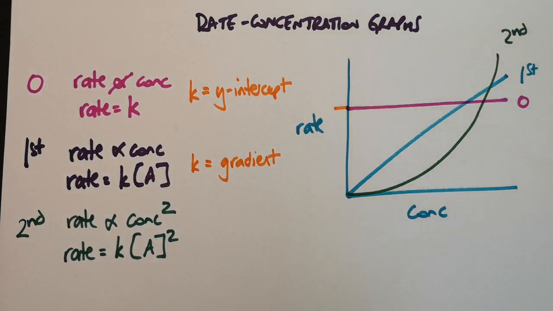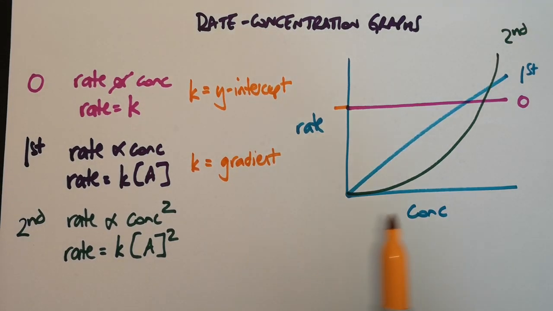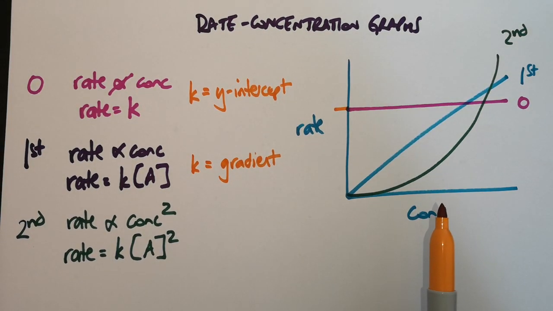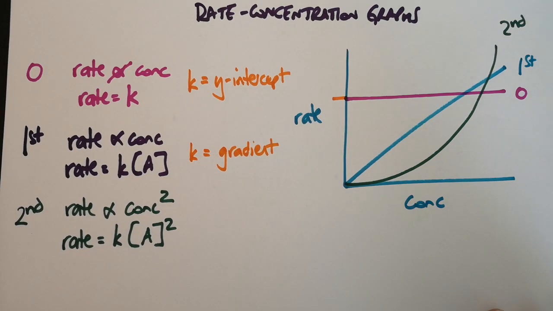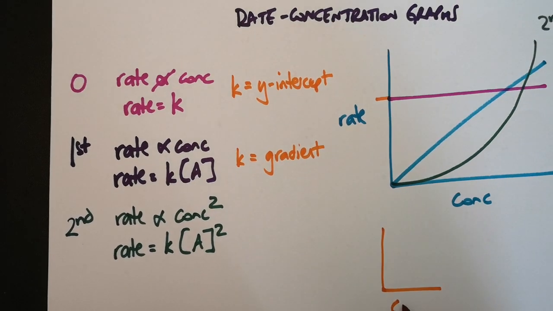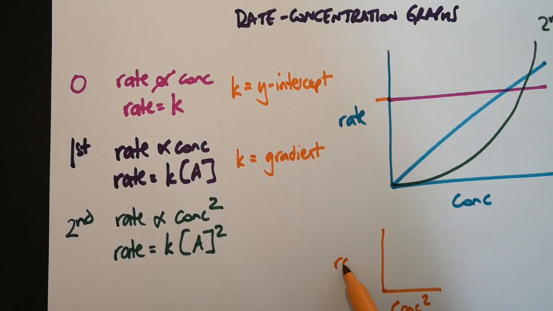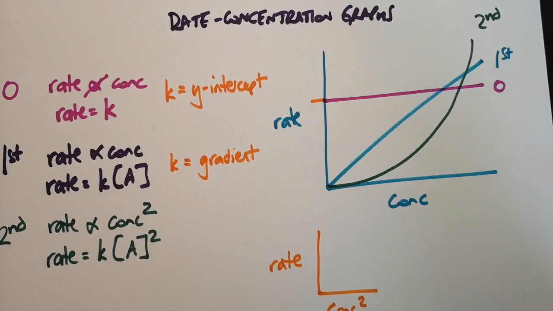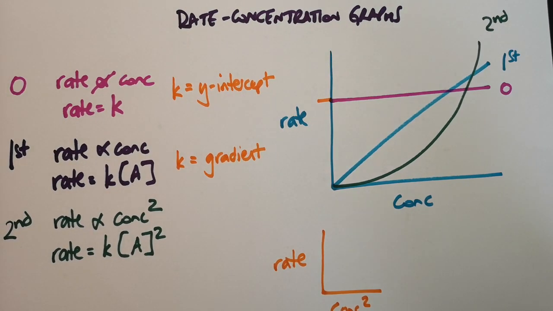Now you can't actually determine the value of the rate constant for a second order reagent from this graph. But what you can do is draw another graph that allows you to do that. If it's a second order, what you can do is plot rate against concentration squared, like this.